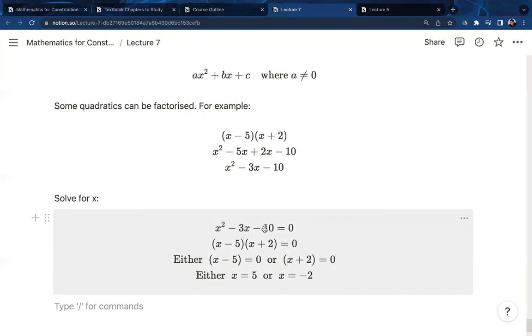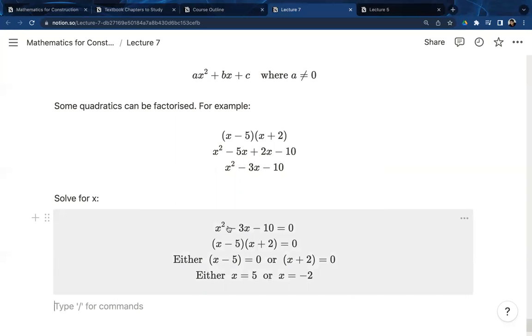Instead of guessing, if I could represent the quadratic as a factorized form, a product of 2 brackets, then if the product of 2 brackets is 0, then one of them had to be 0. So either the x minus 5 is 0, or the x plus 2 is 0. So then I could conclude, well, x could be 5 or x could be minus 2, but not both at the same time. Never say and, because x cannot have 2 different values at the same time.